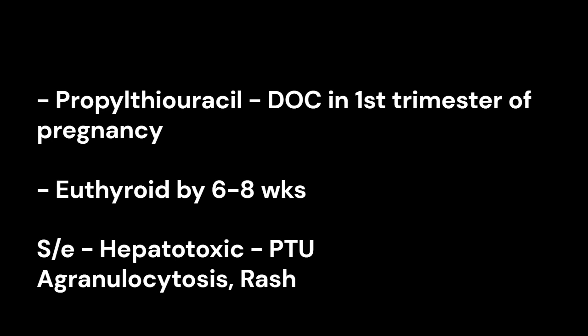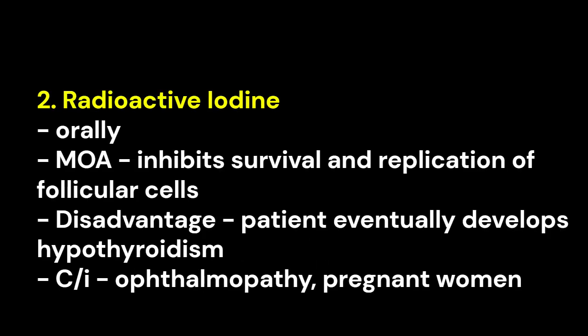The side effects will include hepatotoxicity due to propylthiouracil, and then all of these antithyroid drugs can cause agranulocytosis and rash. We can also give radioactive iodine here, which is given orally. So it acts by inhibiting survival and replication of the follicular cells because it is radioactive.